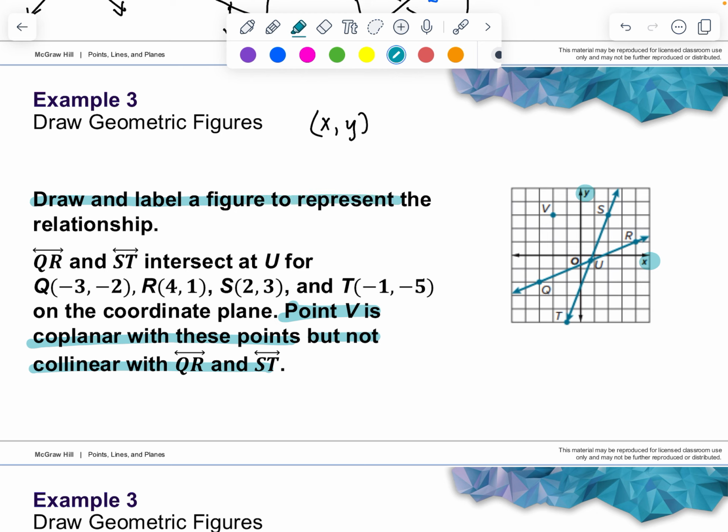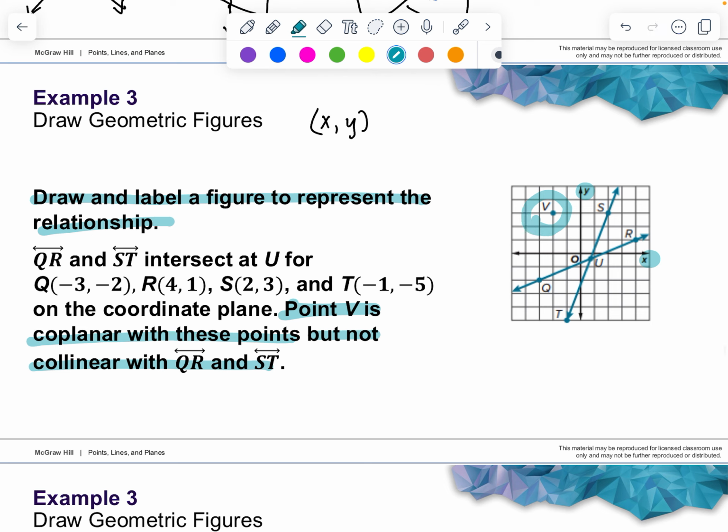Draw and label a figure to represent the relationship. So if they drew in these lines, and then they said, draw in point V. They did not tell us where point V was. All they told us was that it was on the same plane, but not on the same lines.